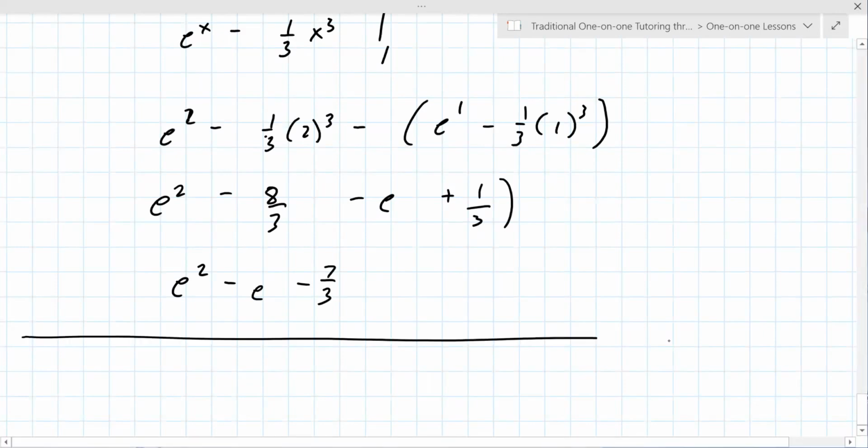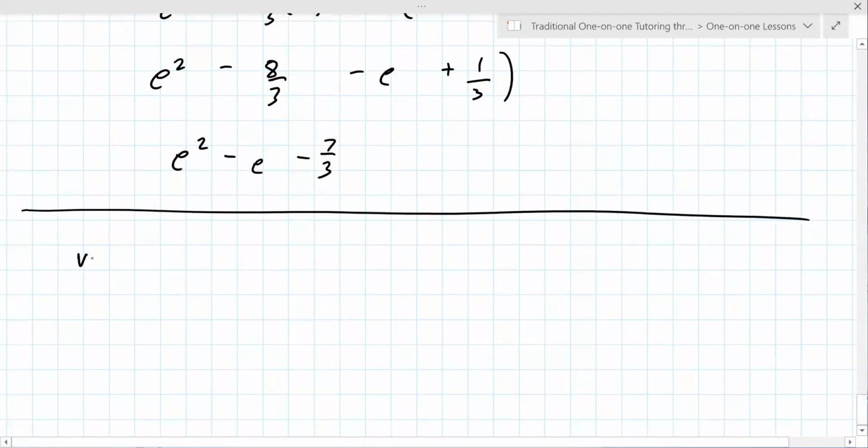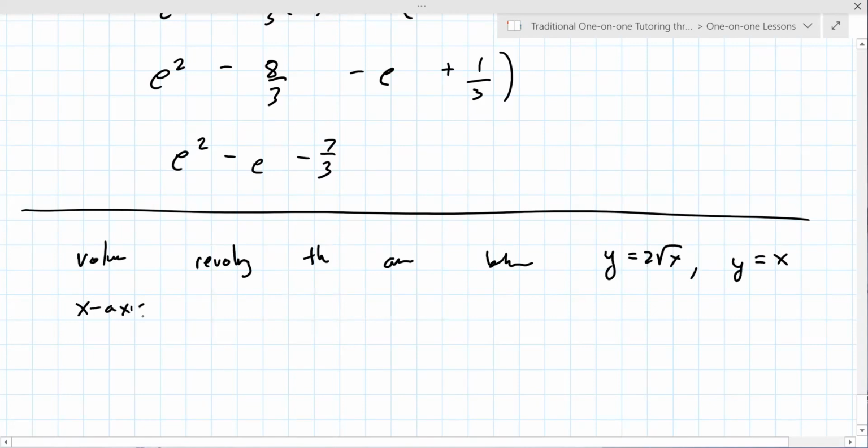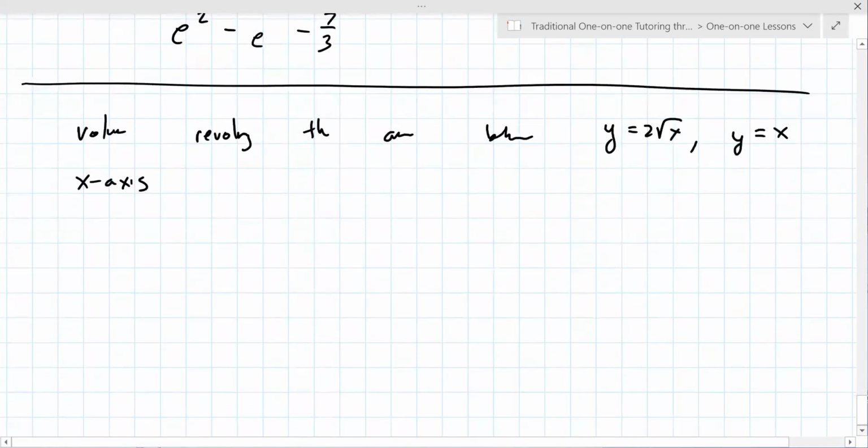So we want the volume by revolving the area between y equals 2 square root of x and y equals x, going around the x axis. So this time you don't even know where they intersect. Like before, I said here's the window. You should reasonably expect to set these equal to each other.